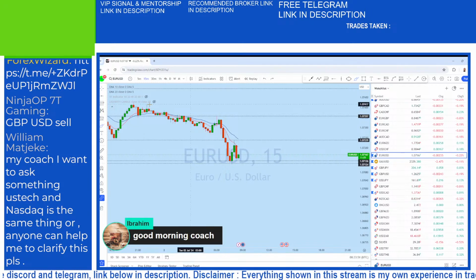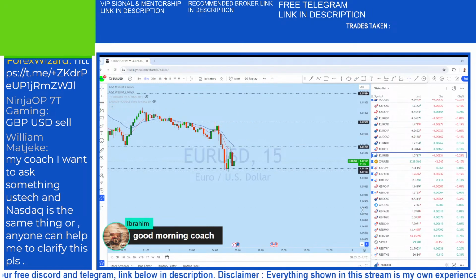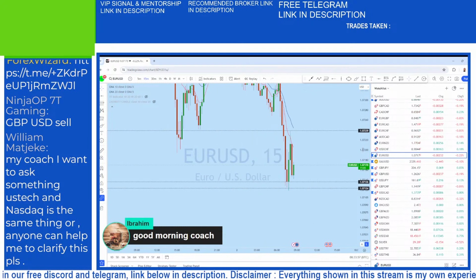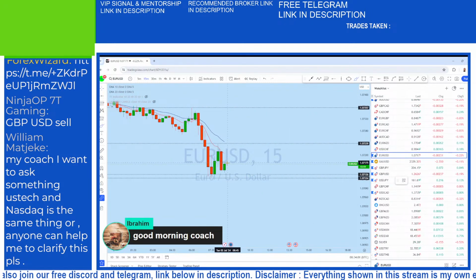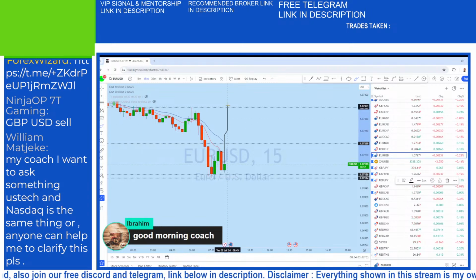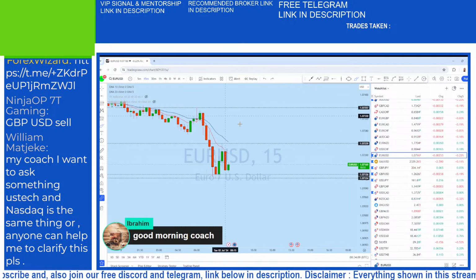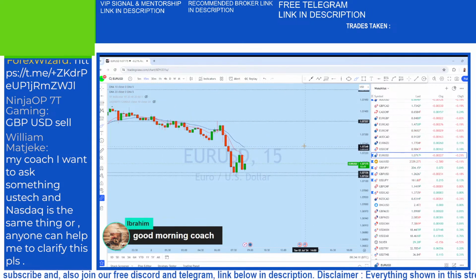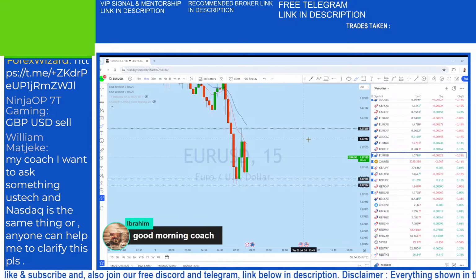So on Euro USD, with this liquidity zone, we will be waiting for the price to go ahead, grab the liquidity and then drop back down again. Let's see where the price might be heading. We'll see that with the news.